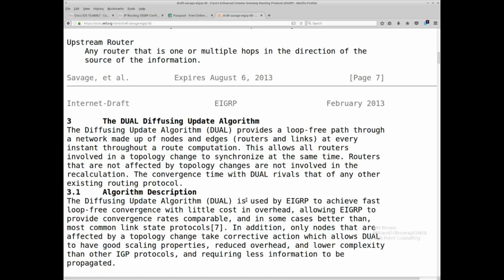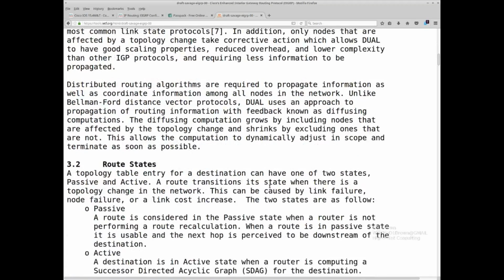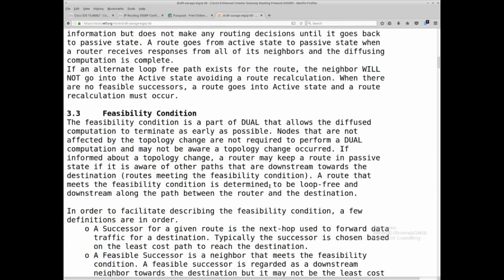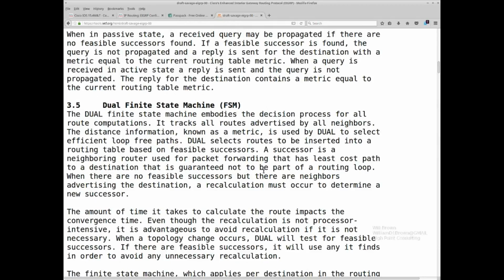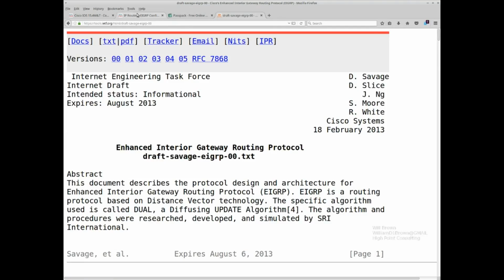It's been critical for me to call attributes of EIGRP by their name repeatedly, and you'll see what I mean when we start looking at some show IP commands and the EIGRP output, because calling things by their name reinforces it and helps build additional interconnections. So that's enough about that. Let me go back here.